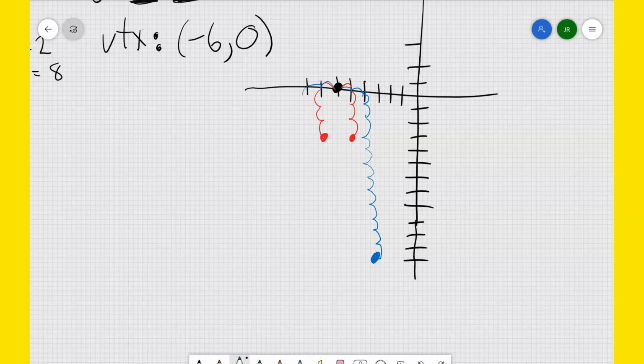Over 2, down 1, 2, 3, 4, 5, 6, 7, 8, 9, 10, 11, 12. Kind of might have counted too many there. But anyway, once you get one side done, you can just make the other side match it. And here's my extra steep parabola.